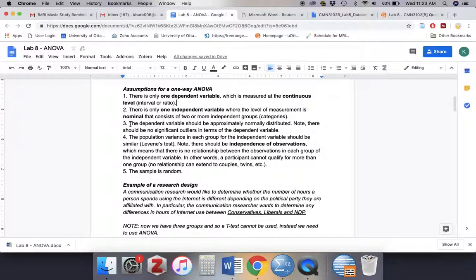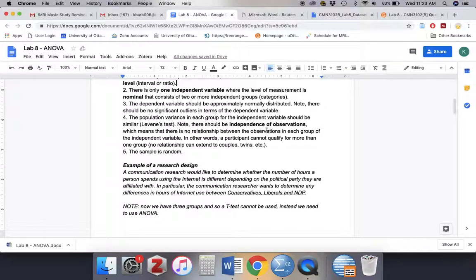So that tackles some of the main assumptions to run the Anova in the first place. Your IV has to be at the categorical level and the DV has to be at the continuous level. Another assumption is that the DV has to be normally distributed, so there shouldn't be any outliers.